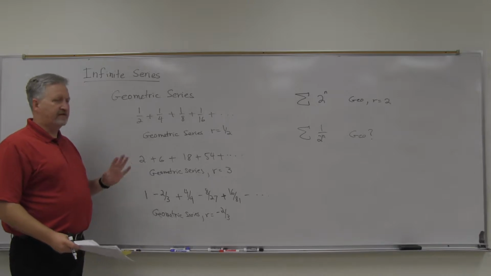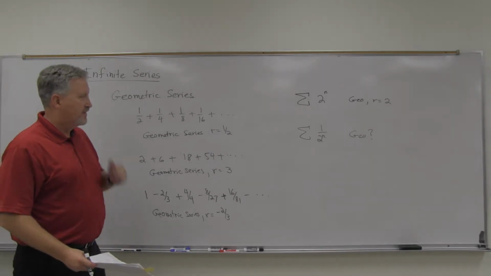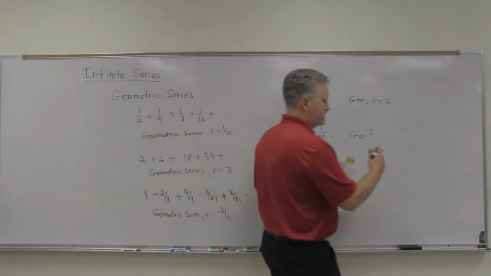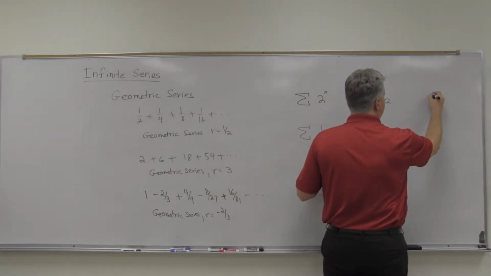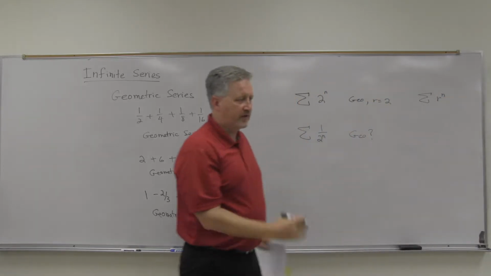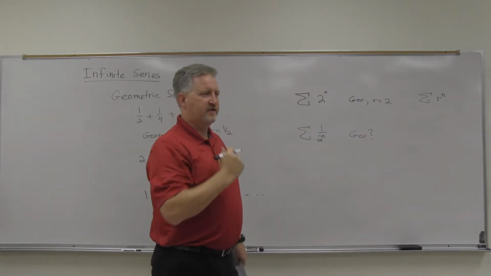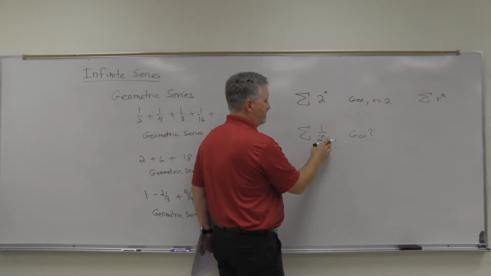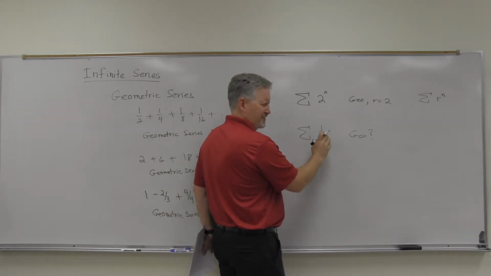Well, it kind of goes back to what we were talking about. If you want a geometric series, it's better to have it in the r to the nth power form, right? At least the ratio to the nth power. So here, I don't quite have it, but just a small slight adjustment.